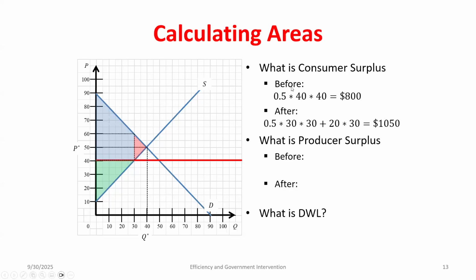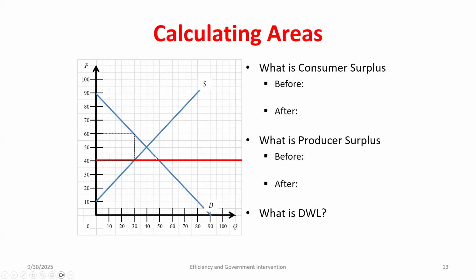What was my consumer surplus before? How did I find this value? Well, what's the equilibrium price and quantity without any government intervention, where supply is equal to demand? At a price of 50 and a quantity of 40, 50 times 40 was 2,000, but it's a triangle, so I need to multiply by 1/2. Wait, am I looking at this wrong? It's not 50, right?